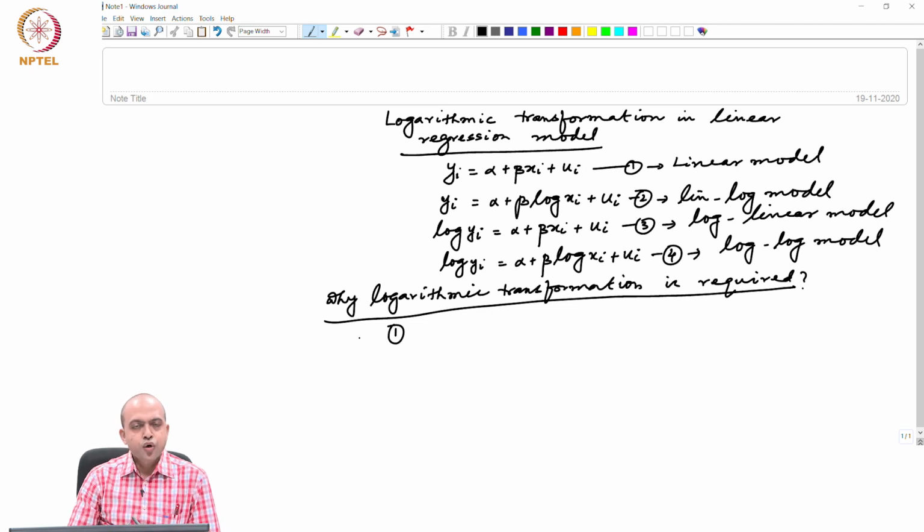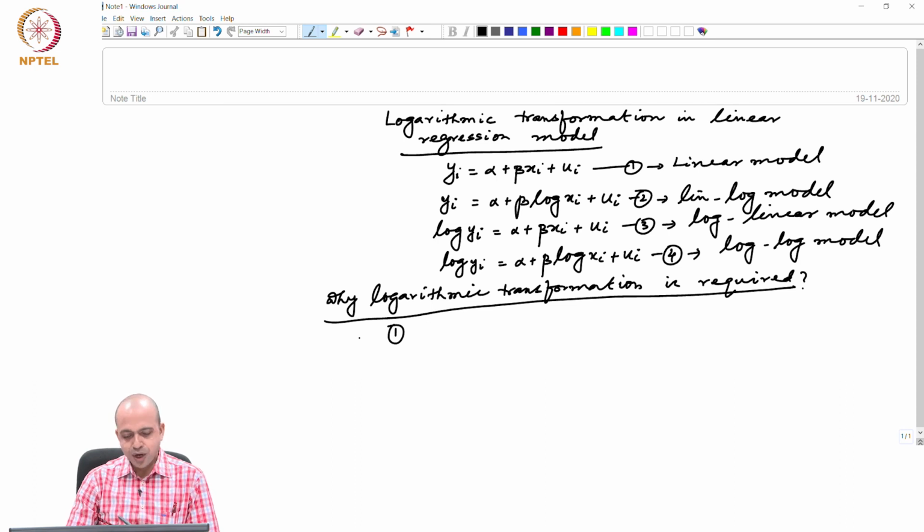First reason: sometimes your dependent variable y and independent variable x have some kind of nonlinear relationship, and we have not yet learned nonlinear estimation technique. So, we need to somehow linearize that apparent nonlinearity between y and x, so that we can apply linear regression estimation to estimate your beta hat.